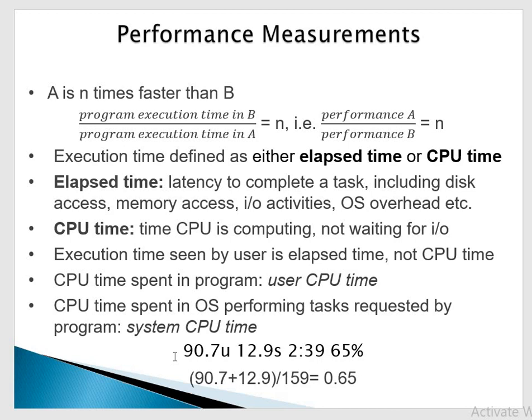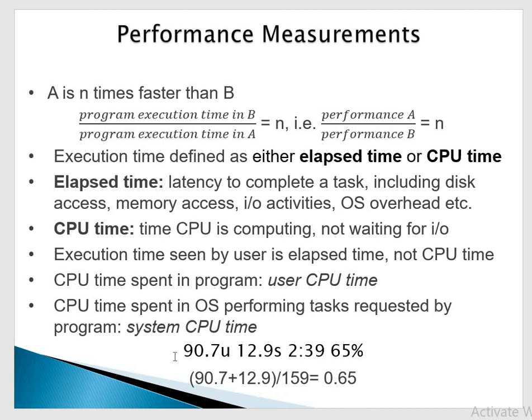Unless IO devices and memory provide the data to the CPU, the CPU has to remain in the waiting stage. So we will try to understand this. 90.7 seconds is the user CPU time, 12.9 seconds is the operating system or system CPU time. The total CPU time will be 90.7 plus 12.9.